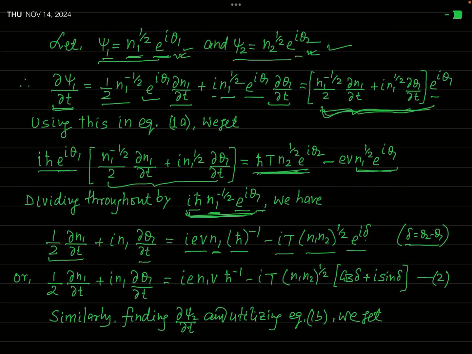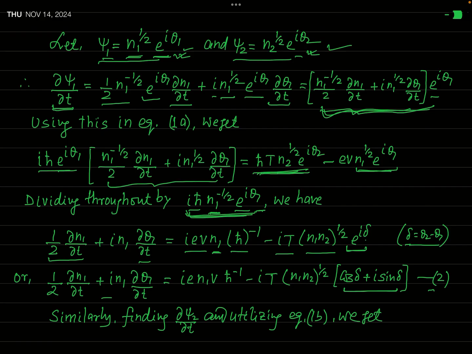And so now instead of this e^(iδ), we can write cos δ plus i sin δ. So other terms are as is, you can see here, and instead of e^(iδ), I have written cos δ plus i sin δ.